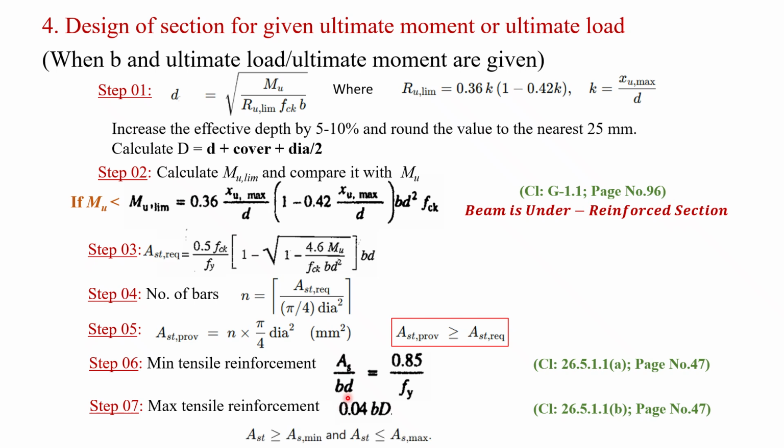We need to make sure that the Ast provided is greater than or equal to Ast minimum, and less than or equal to the maximum tensile reinforcement. With this, the whole design problem is complete. With this, I am ending this lecture. Thank you.